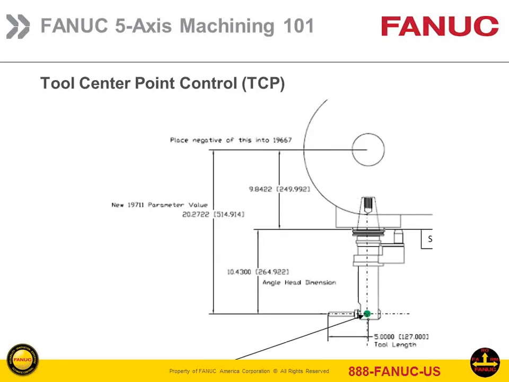Now this is just another representation of some other parameters that we typically use. This would be one you'd use if you're going to use a right angle head. You can actually use tool center point for that too. You just have to make sure that you have a value in 19711, which is typically your pivot point.